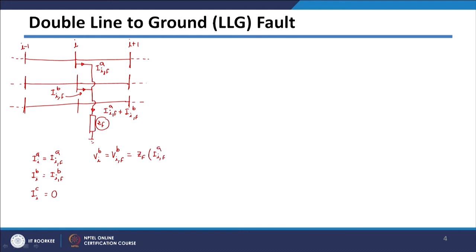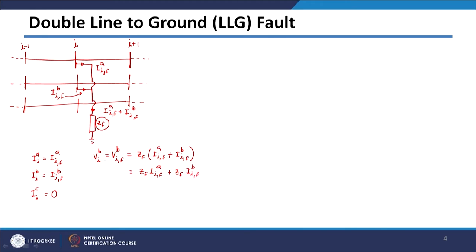So this current multiplied by this impedance will be nothing but the voltage at this point, and you can see that the same voltage is coming at bus B also. So at both the places the voltage is the same, so plus ZF B. So this will be equal to your ZF plus ZF into the fault current in B phase.